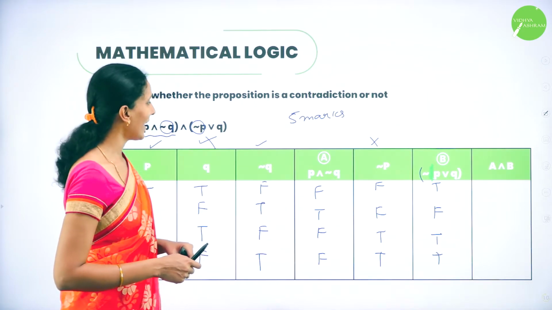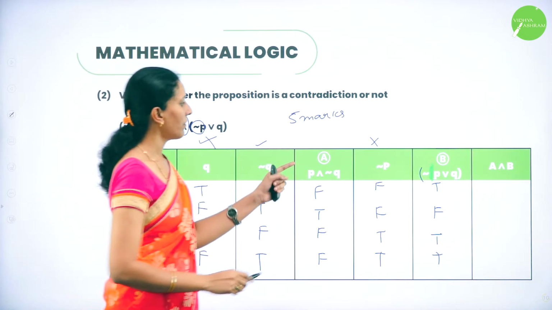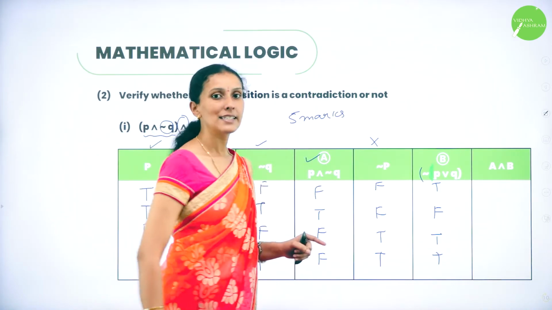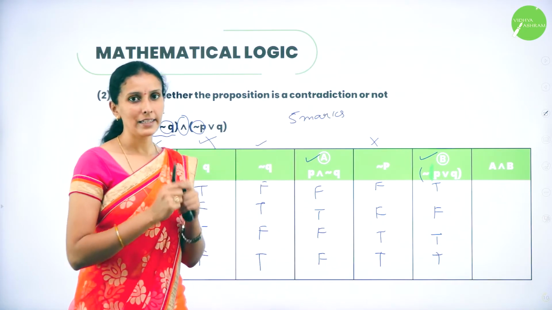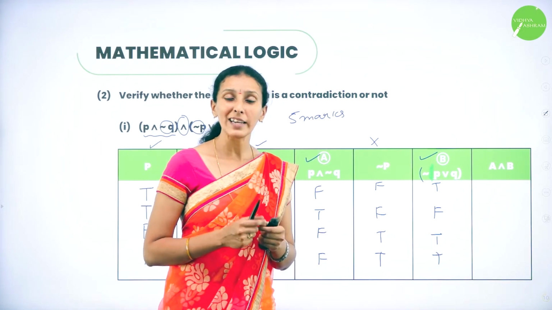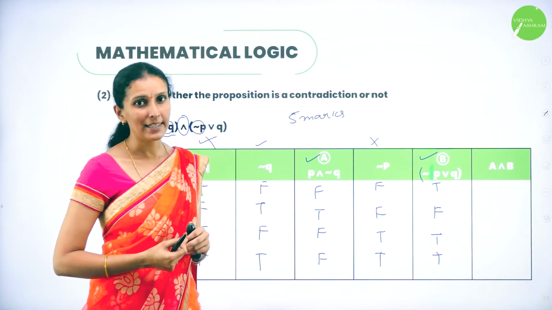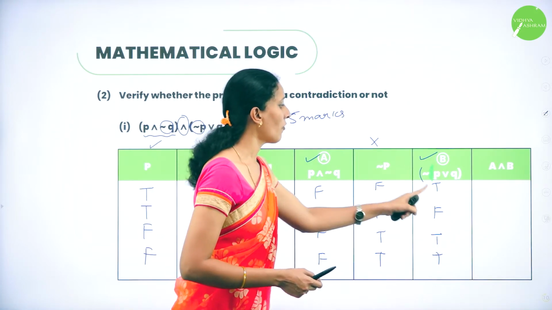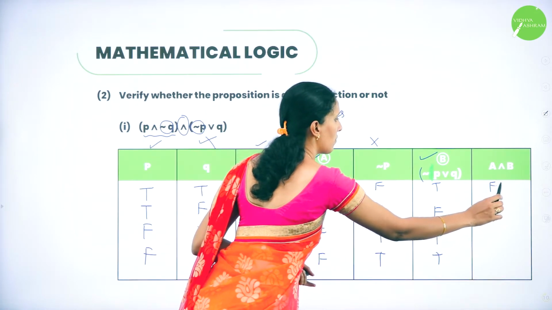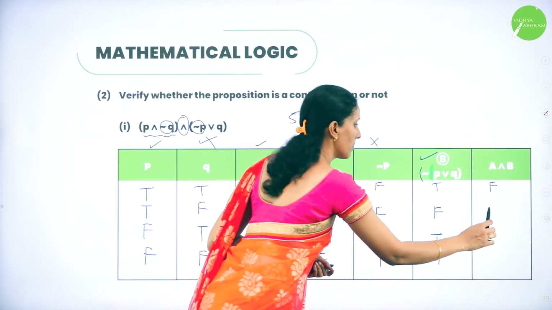Next we will take the conjunction. Look here, I have taken this as statement A and this as statement B. I am combining these two, A and B. When are A and B true? When both are true. In all the other cases, it is false. In the first case, it is false and true, therefore it is false. In the second case, true, false, false.